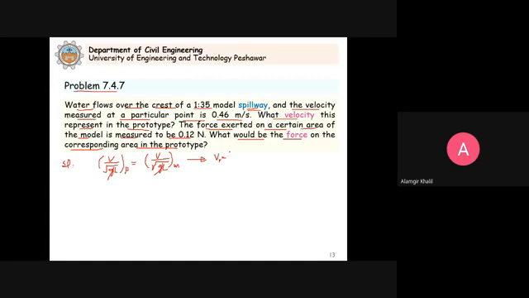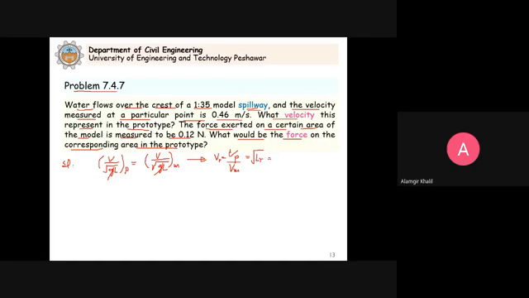So now from here, if we ensure this, we define the velocity scale ratio, which will be equal to Vp divided by Vm. And if you remember, for the case of the Froude number, we already proved that this is equal to square root of Lr, in the beginning of this lecture.